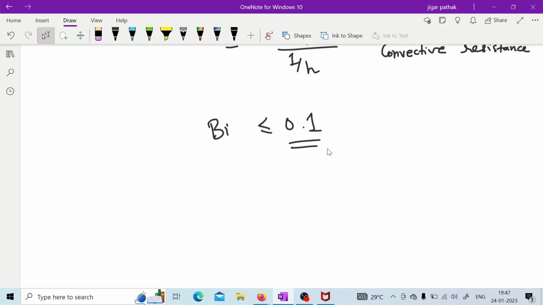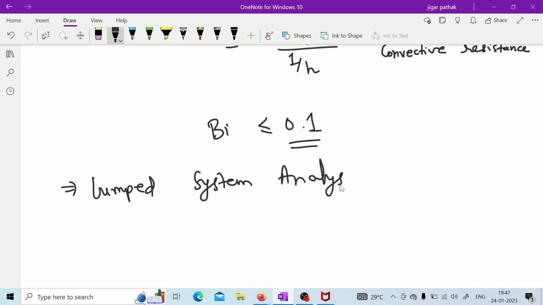So when you go for this lumped system analysis, heat is transferred into the body during the time dt, as we have seen in that example of providing heat through an oven, right?